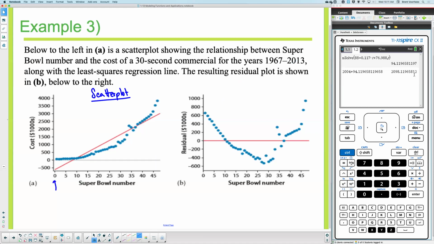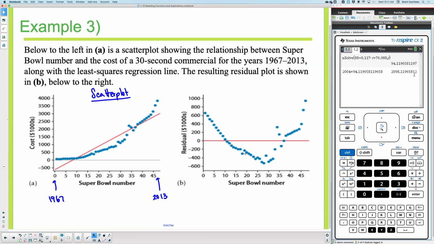Note that this is 1967. Actually, if I added 45, that wouldn't be 2013. We need to add 46, so it should be pointing just after the 45. That's 2013, along with the least squares regression line.